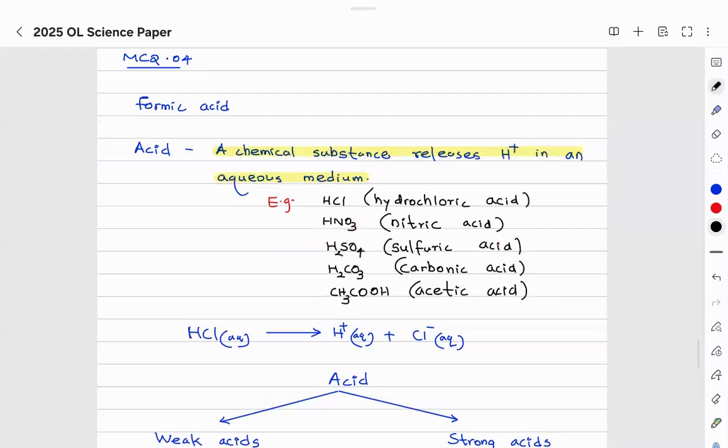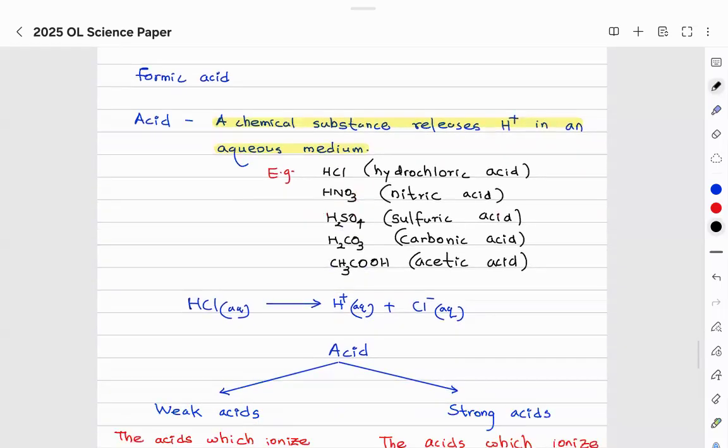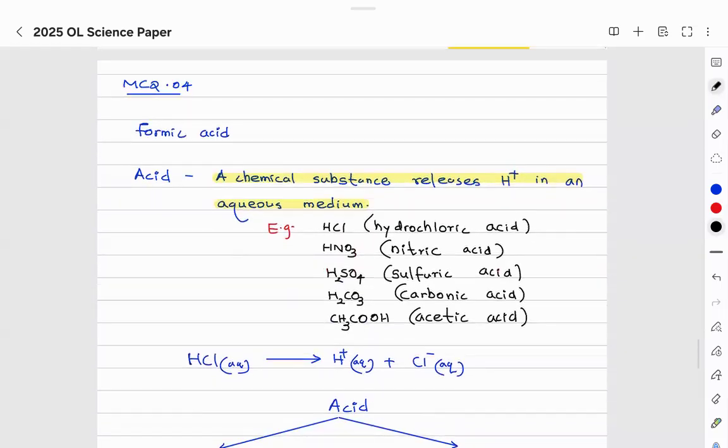Now in this question, they have talked about formic acid, right? Remember, students, as they have given, ants release formic acid. When the ants bite, the red color large ant, have you seen that? They're releasing formic acid. That's why we have a small pain there.